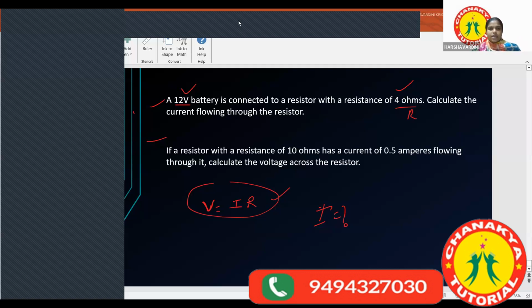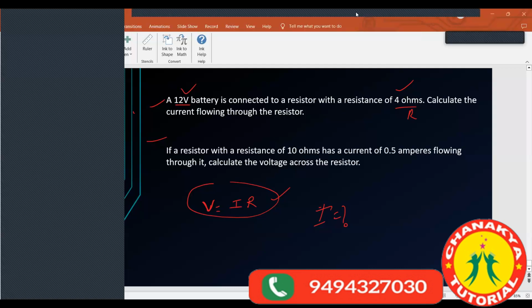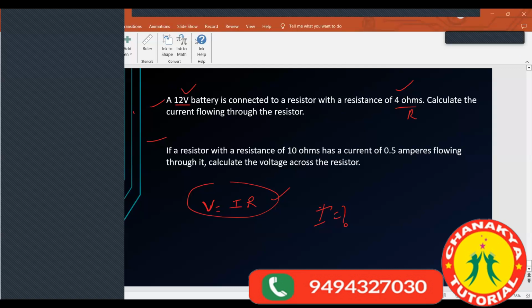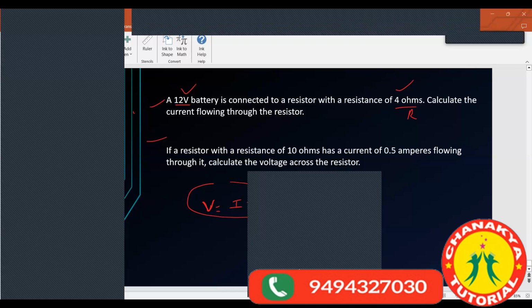Second one is correct. Aishwarya, you can leave. Thank you, ma'am. Bye. Second one is correct, Advika.